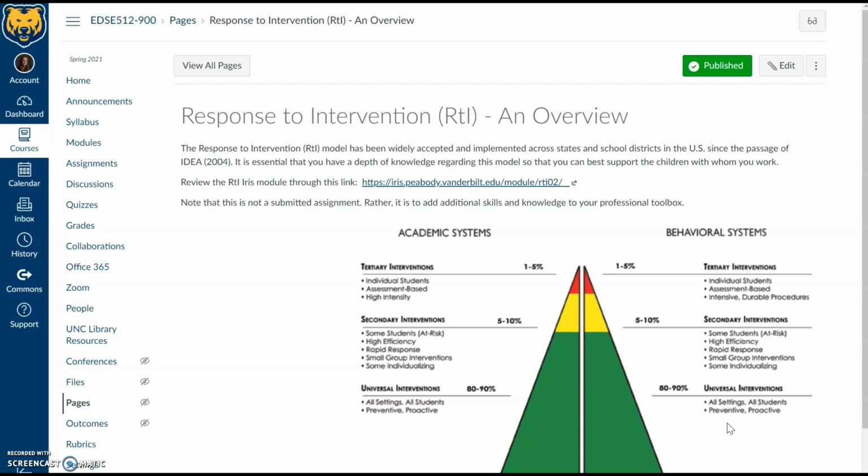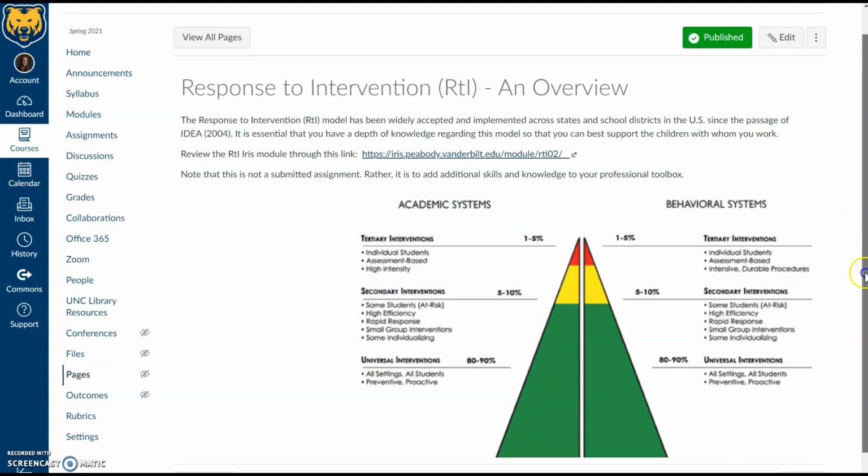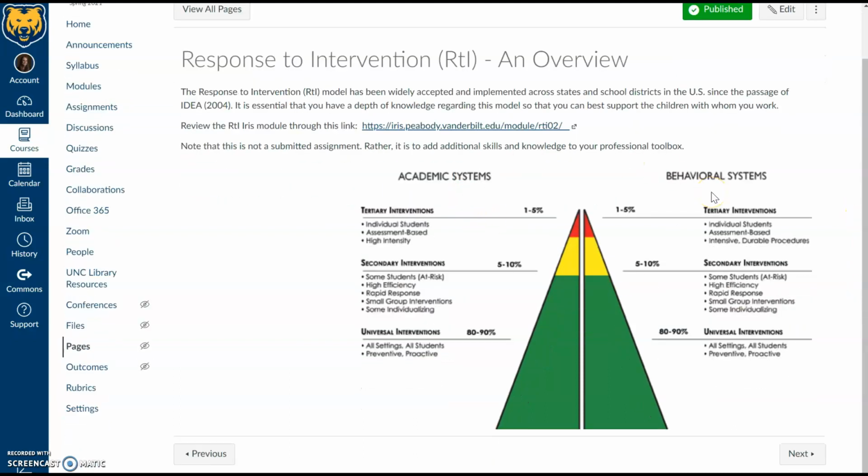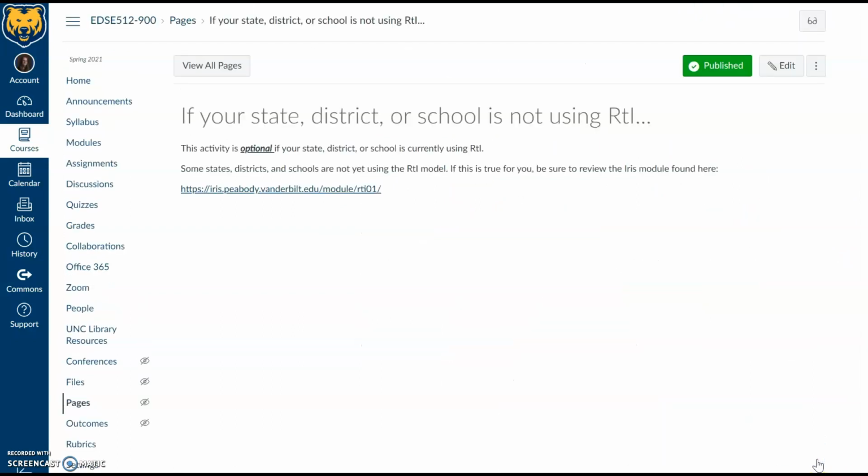And this high level of intervention may include special education services or supports. Further evaluation may be included for a very targeted approach. And we'll be doing assessment obviously related to this for that high intensity support, behaviorally or in academics, and oftentimes in both, because as we know, there is a close relationship between the two.